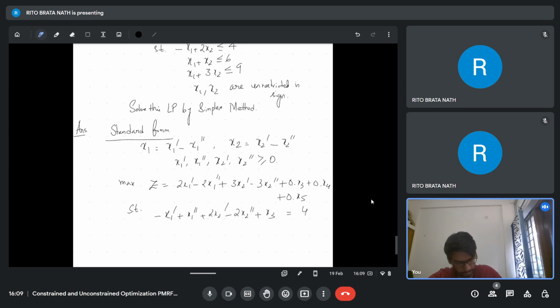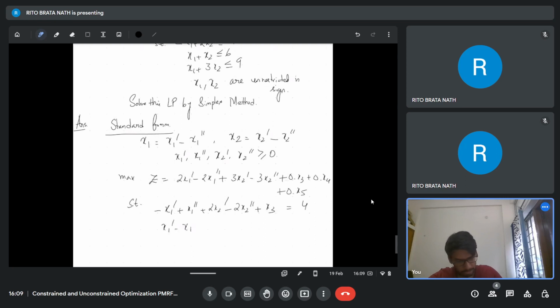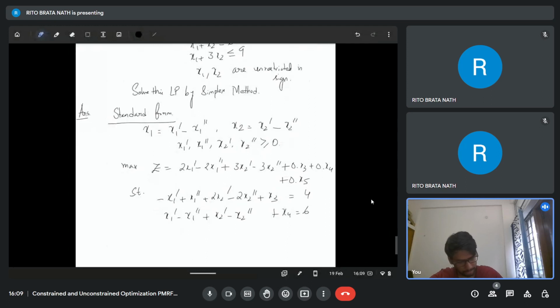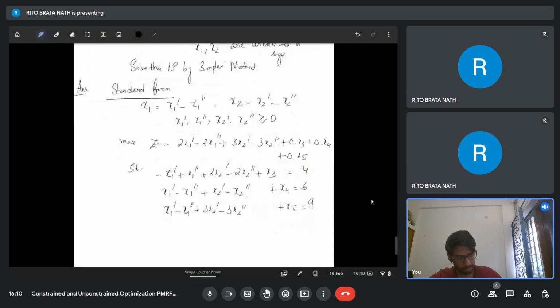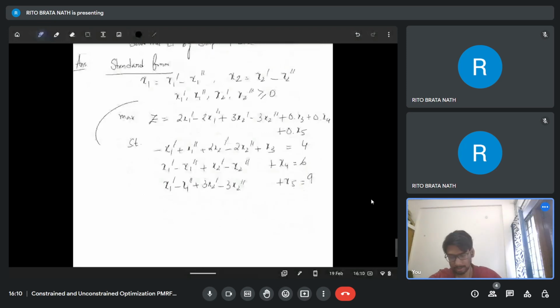Then you have x1 prime minus x1 double prime plus x2 prime minus x2 double prime plus x4 equals 6. Then you have x1 prime minus x1 double prime plus 3x2 prime minus 3x2 double prime plus x5 equals 9. And you have the non-negativity constraints as well.